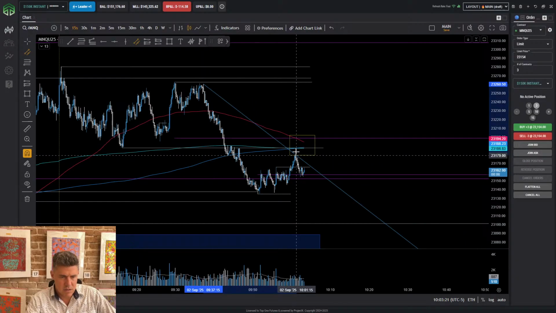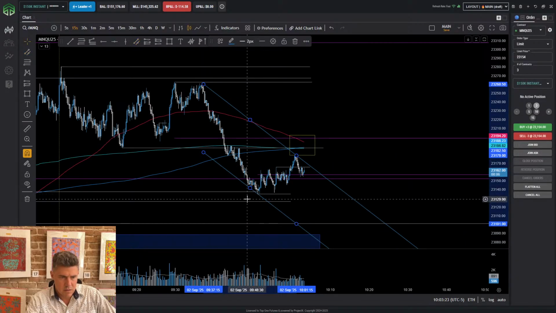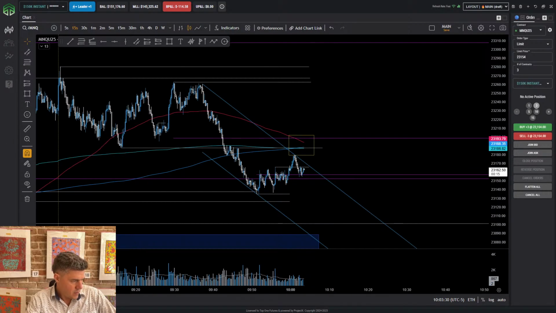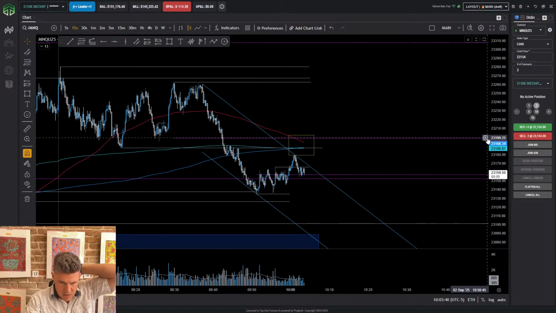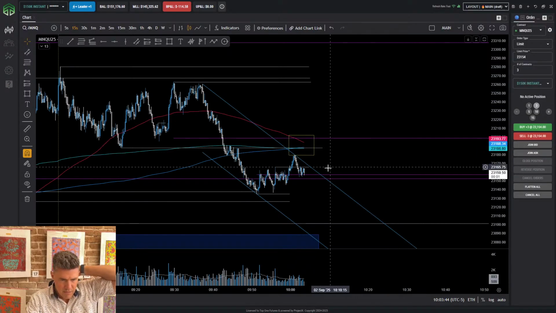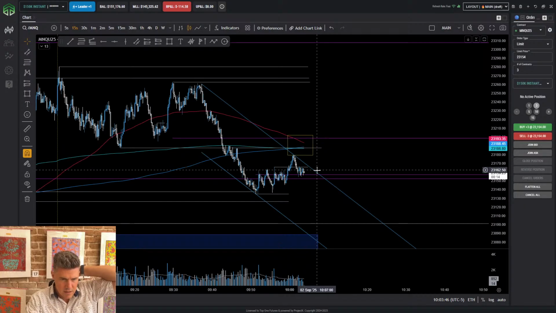Kind of want to see. Let's see, 15 minutes. Yeah, not a lot of strength. I don't see a lot of strength for this gap fill play happening today. If anything, I'm seeing another short opportunity here.